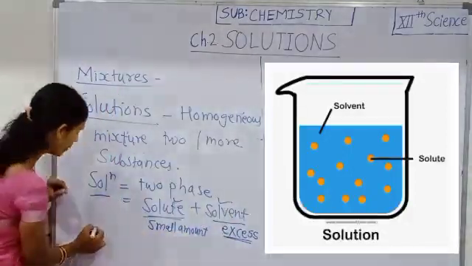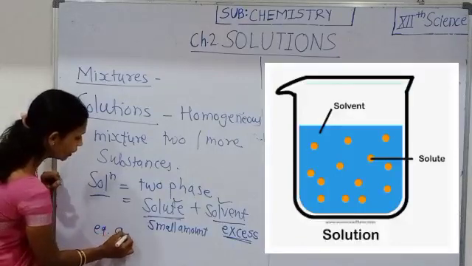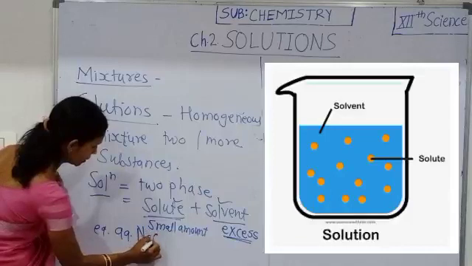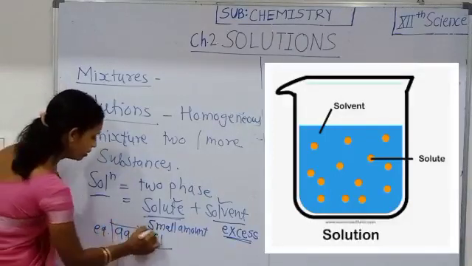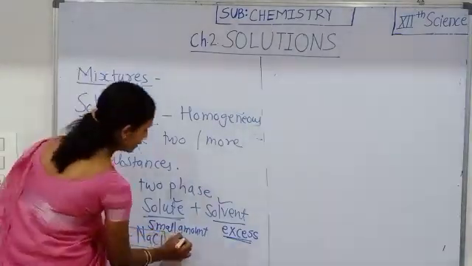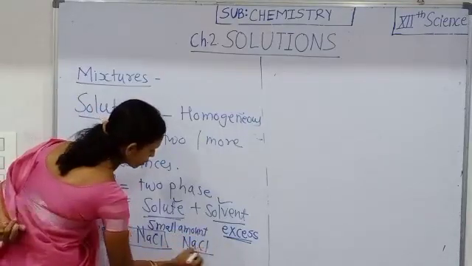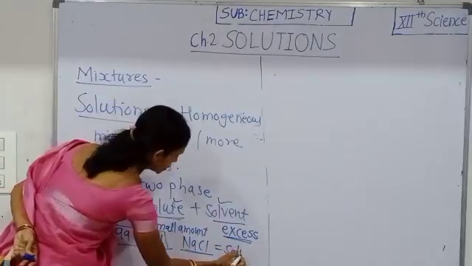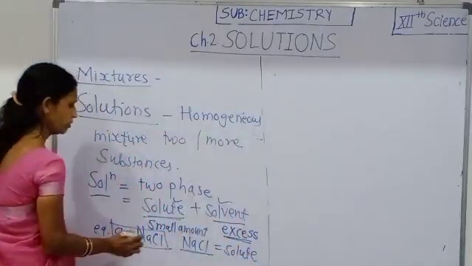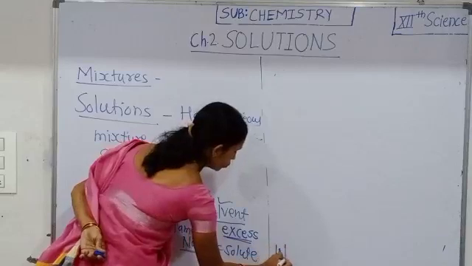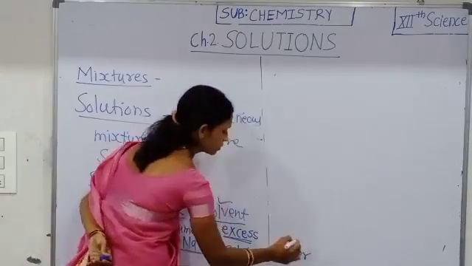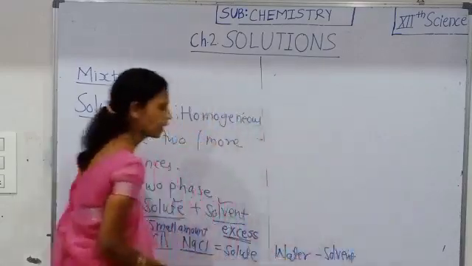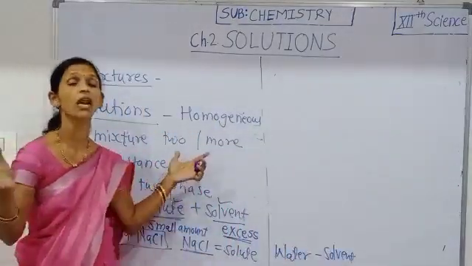For example, take an aqueous solution of common salt, NaCl. Here NaCl is the solute, and water, which is present in excess amount, is the solvent, because it is present in larger amount.